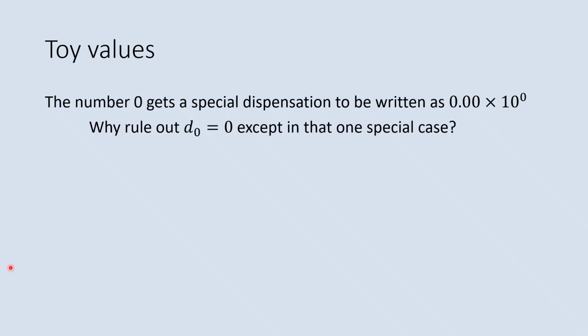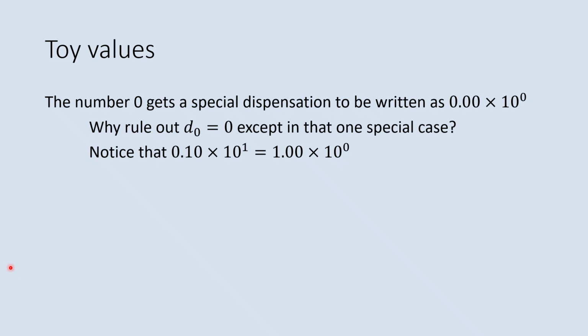So why do we rule out the D0 equaling 0 except in this one special case? Well, the idea here is that in this toy representation, something like 0.10 times 10 to the first is the same thing as 1.00 times 10 to the 0th power. And so part of the idea is that in certain representations, we want numbers to be represented only one way, to have a unique representation of that number.